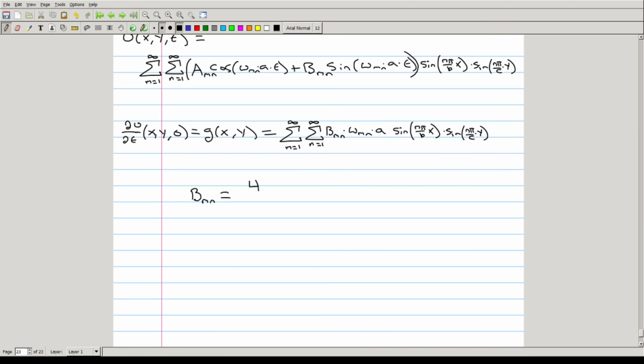It's going to be 4 over a times b times c times omega_mn times the double integral from 0 to b, 0 to c of g of (x, y) times sine of m pi over b x sine of n pi over c y dy dx.